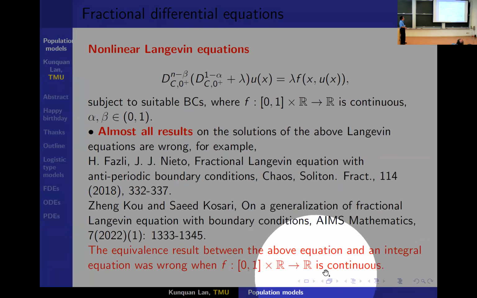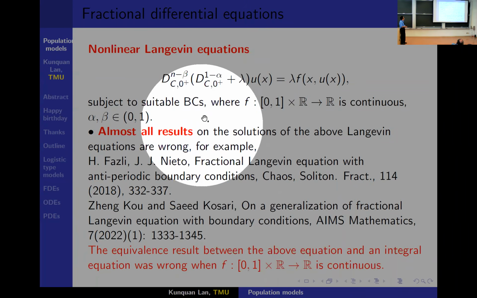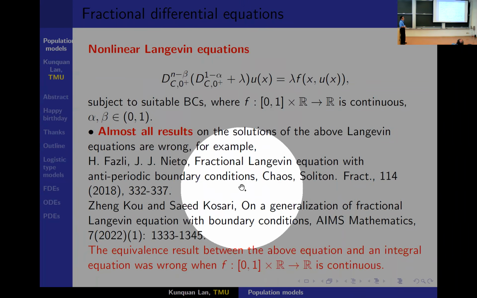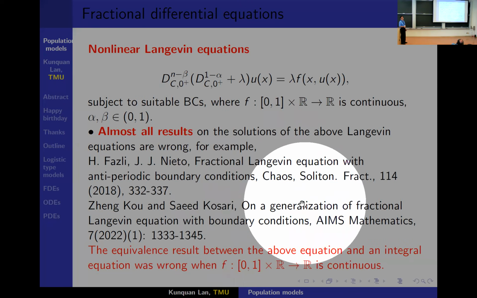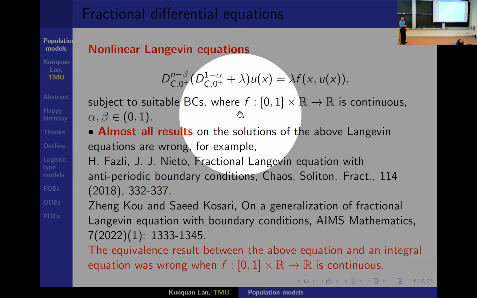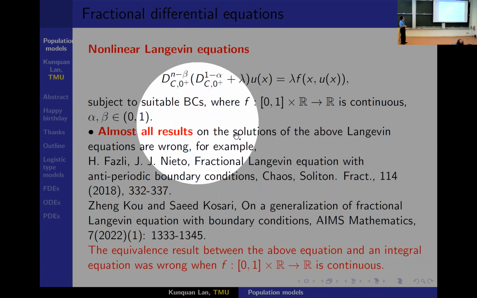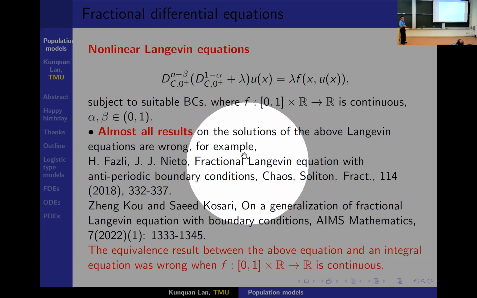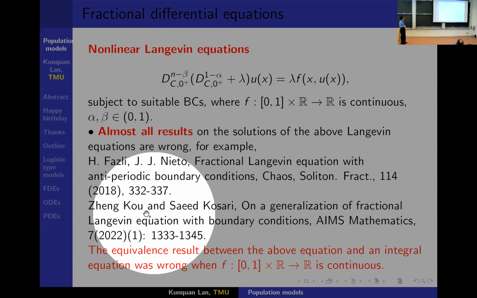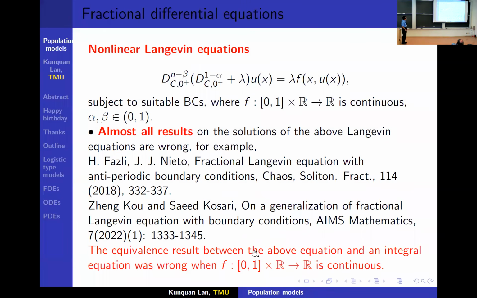They always suppose f is continuous, but unfortunately, transferring this to an integral equation is not equivalent. Differential equation to integral equation, the two equations are not equivalent. So what they are doing is looking for the solution of the integral equation, not the original equation. So all this part we need to redo. I wish students interested in this part would work on it. For example, here I give you two recent papers. This kind of paper is all wrong.